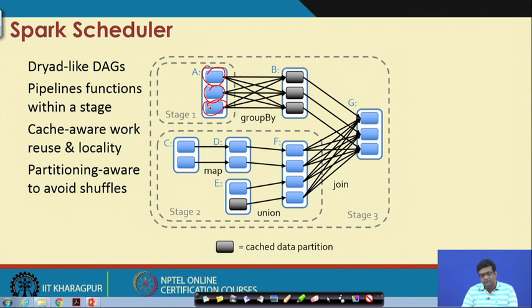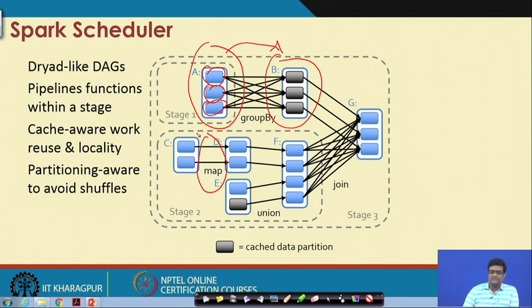So, now these partitions can either, so for example, the RDD B which is created by a transformation from RDD A can either have this kind of all to all dependency, that is all partitions of B depend on all partitions of A, or it can have this kind of a one to one dependency.